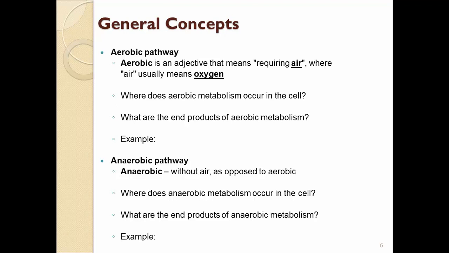Glucose, fatty acids, and amino acids can be oxidized, and this oxidation process requires oxygen. It normally occurs in the mitochondria, right? Mitochondria is a very important organelle that does the oxidative metabolism. So this process, considered aerobic metabolism, occurs in the mitochondria and requires oxygen.